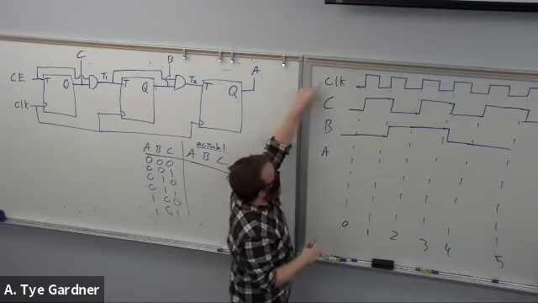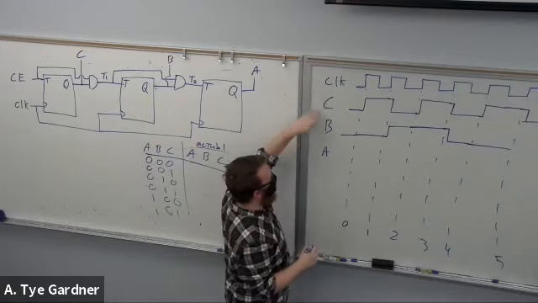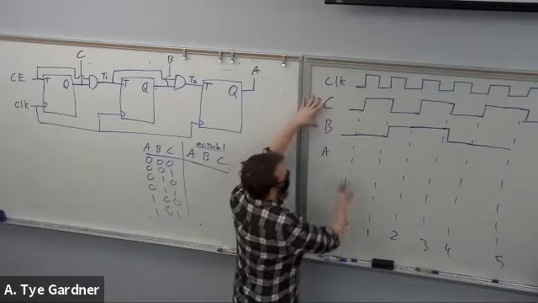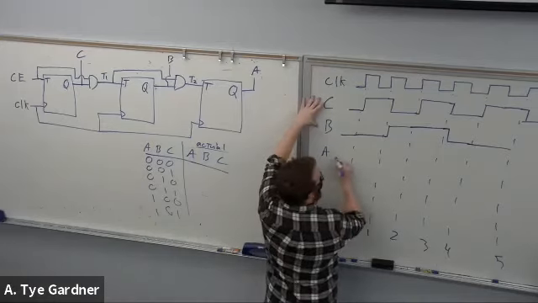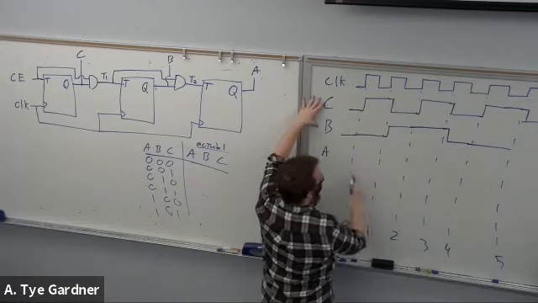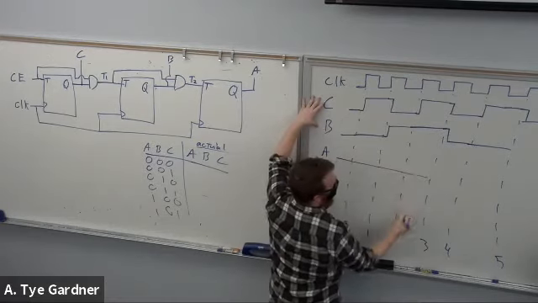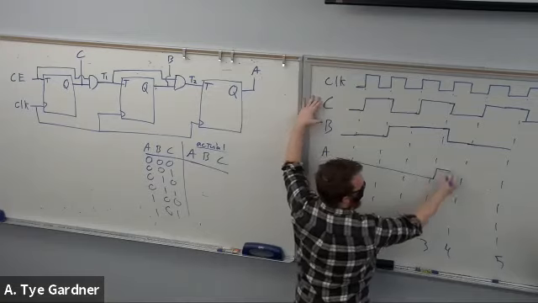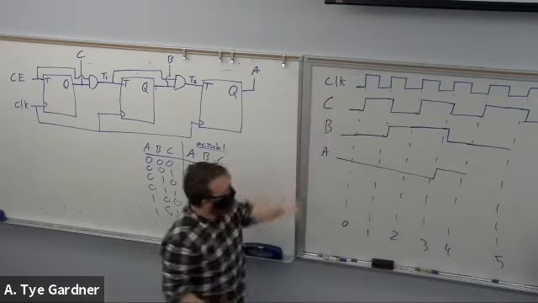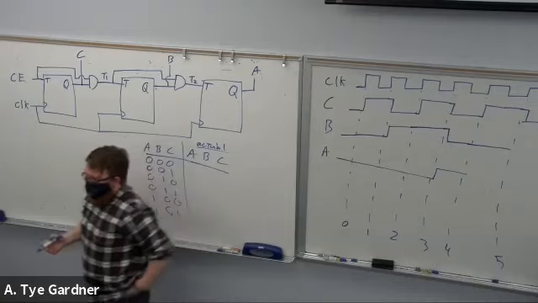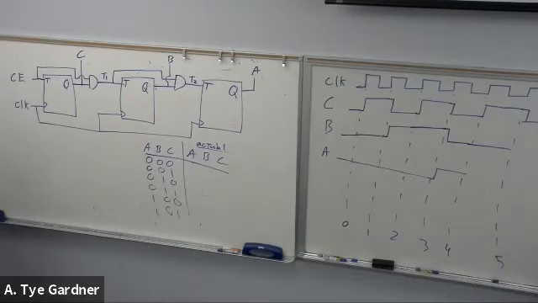So instead of using C and clock, we're using B and C, and the rising edge of a clock. So now we're at 0, 0, 0, 0, four zeros before we finally toggle. And that's counting.